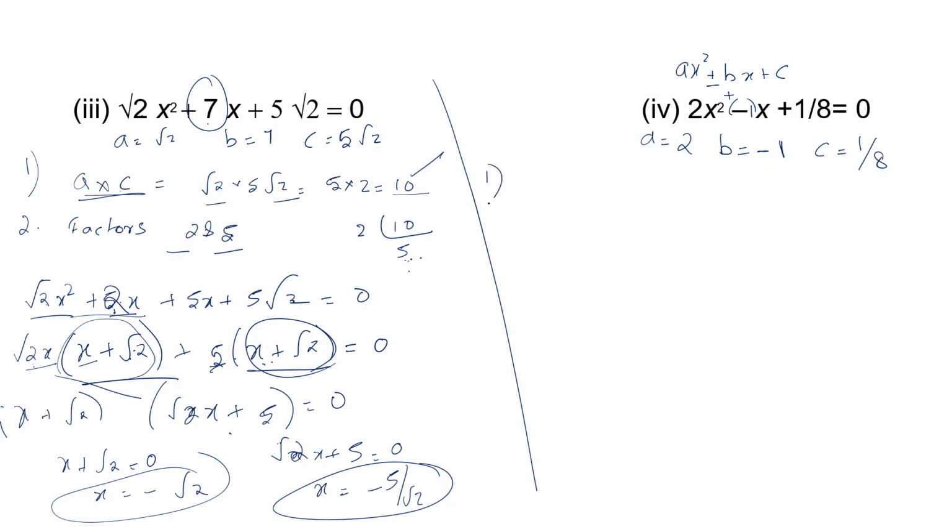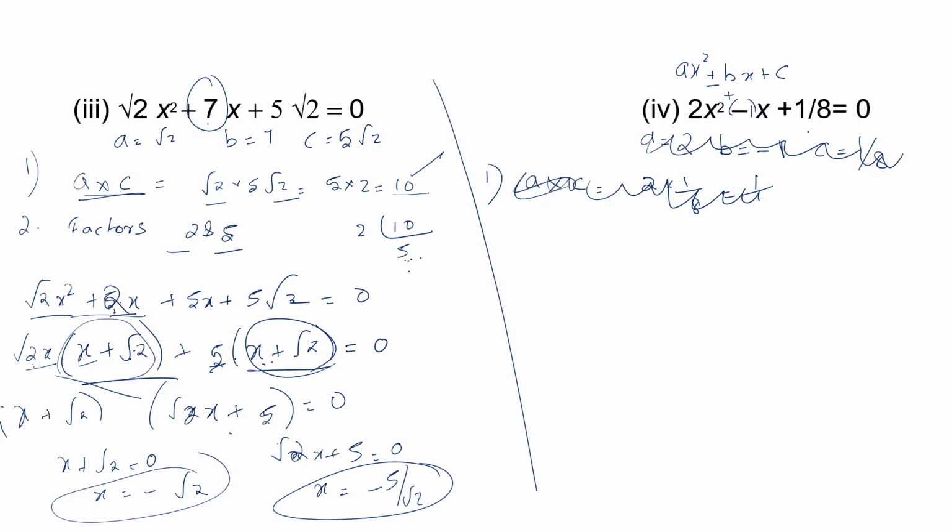So what is our first step? Multiply a and c. 2 into 1 by 8, which is equal to, is that 1 by 8? Yes. Better you do one thing, because if it comes in fractions we can't factorize now.